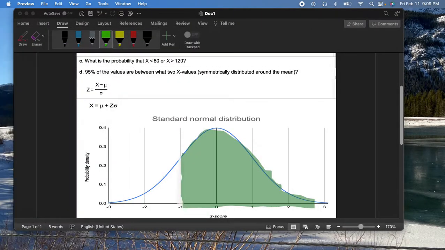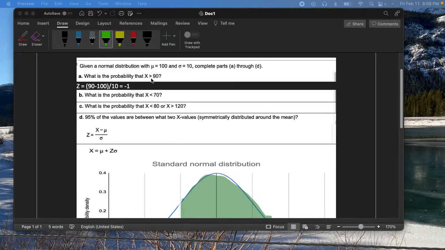What this is telling us is that 0.1587 of all the values are going to be to the left of negative 1 standard deviation.